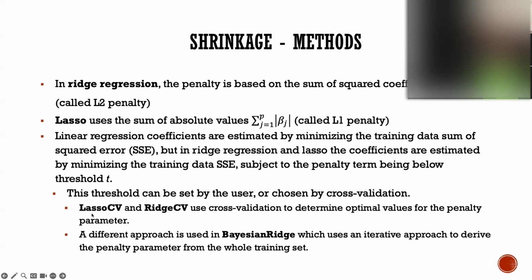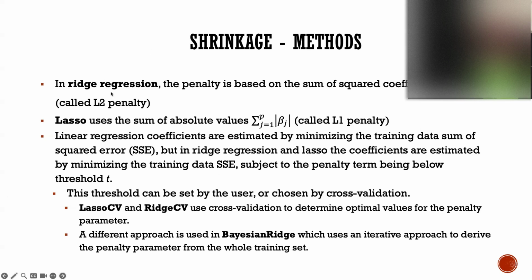One is called Lasso CV, and the other is called ridge CV, basically using cross validation, and then Bayesian ridge. So there are different techniques, and the good thing is that we have these libraries available in Python, so it's very, very easy to do these kinds of analysis and find the right subset.